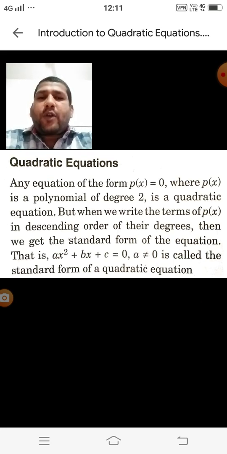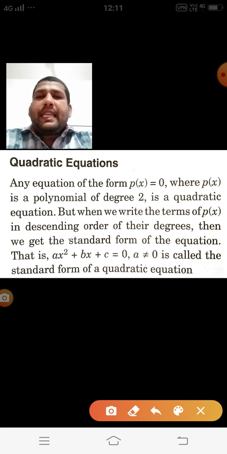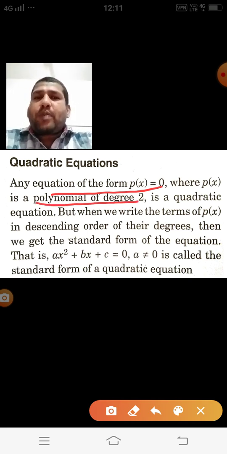If you have any equation of the form p(x) = 0, where p(x) is a polynomial of degree 2, meaning a quadratic polynomial, then that becomes a quadratic equation.